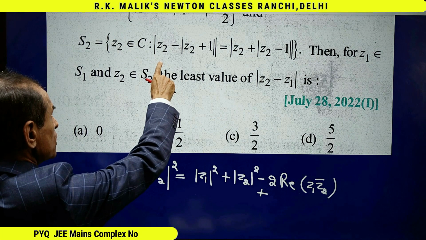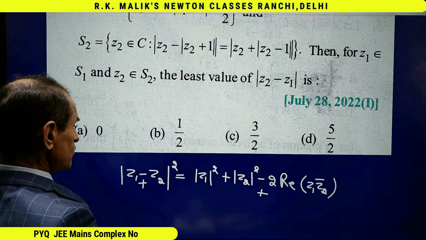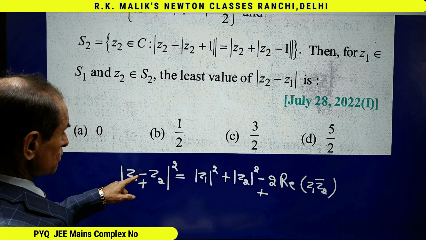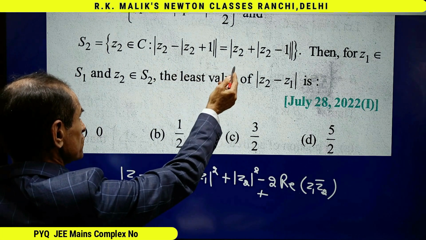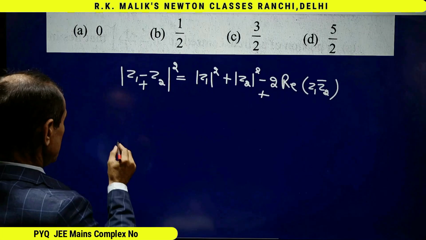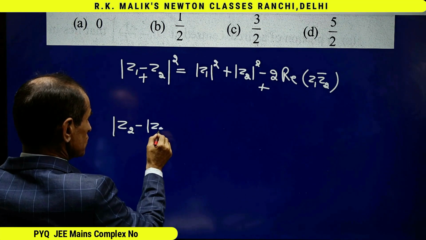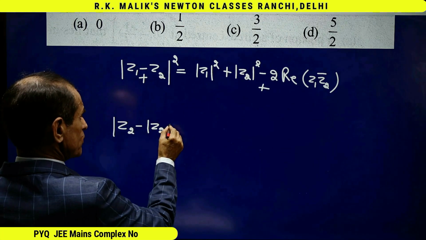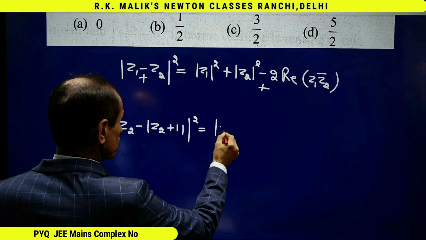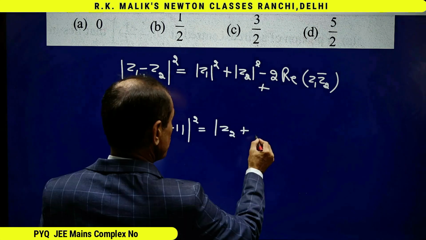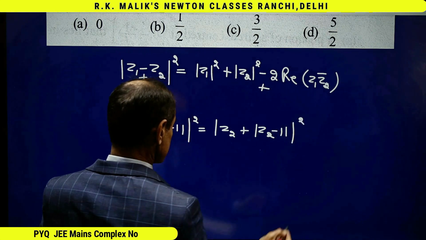Now to draw the graph of S2, first I square both sides and then use these two formulas of minus and plus. Now squaring both sides and using these formulas, I get mod of Z2 plus 1 whole square equal to mod of Z2 minus 1 whole square.